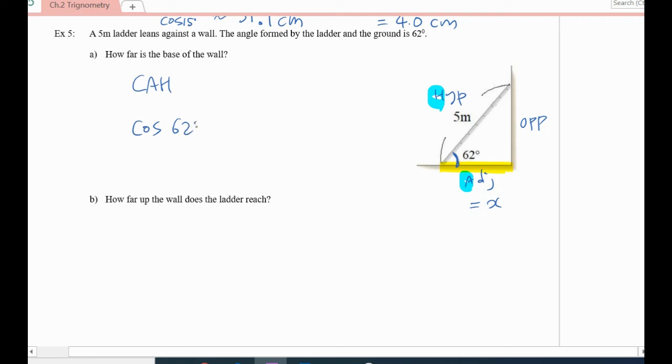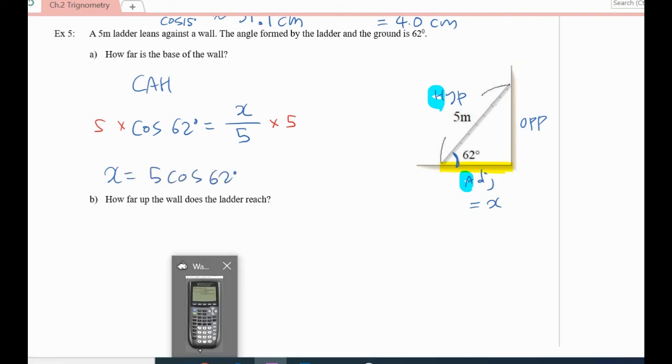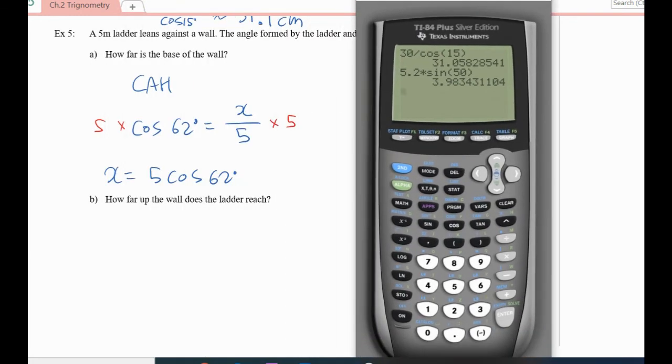Cosine 62 degrees is adjacent over hypotenuse. Multiply 5 on both sides. Then x equals 5 times cosine 62. And that is 2.347.